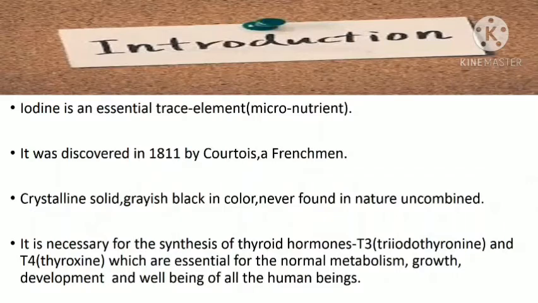Among the major elements, we have calcium, phosphorus, sodium, potassium, and magnesium. Amongst trace elements we have iodine, iron, fluorine, zinc, copper, cobalt, chlorine. And there are some trace elements with no known function, like mercury.